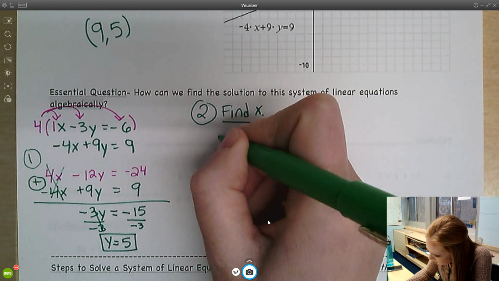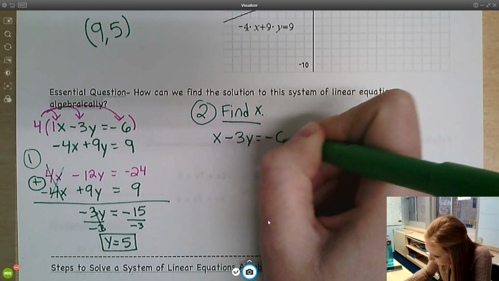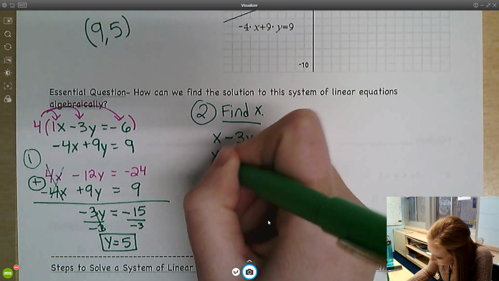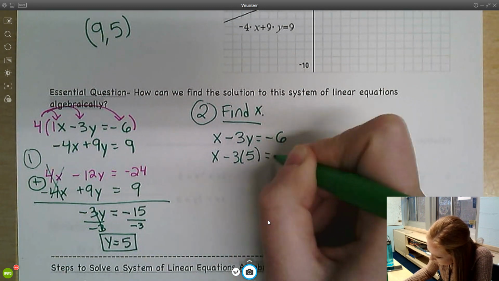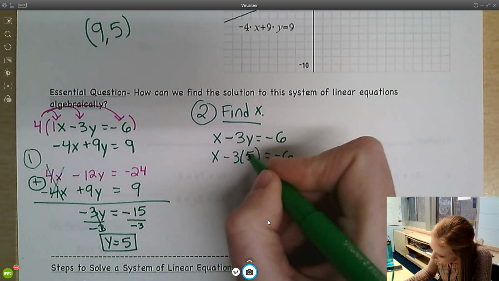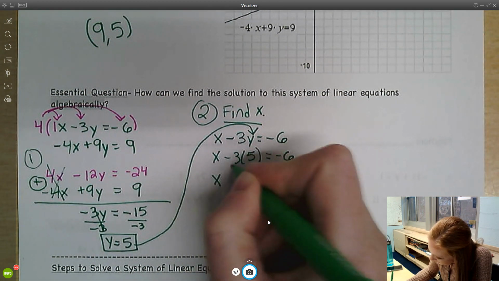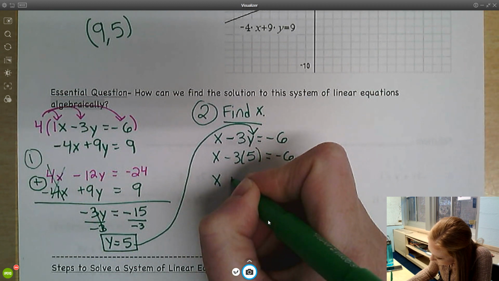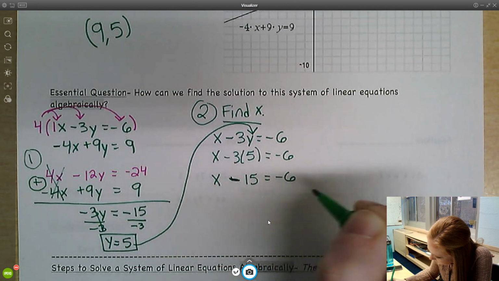Let's rewrite one of the original equations. I'm just going to pick the first one. I think that's easier. Plug in 5 for y. We know that 5 is y. So we're going to plug that in for y. All right, negative 3 times 5 is going to be negative 15.